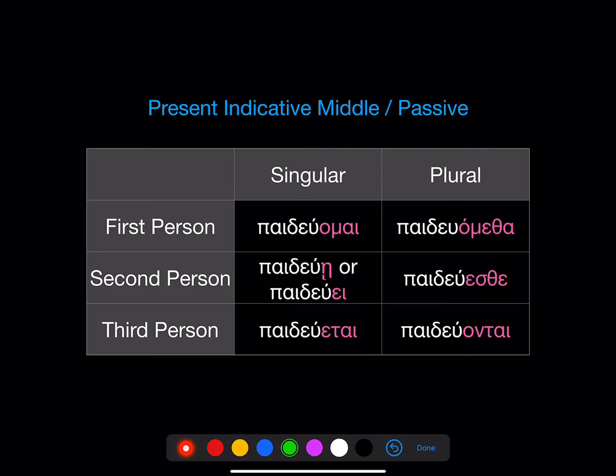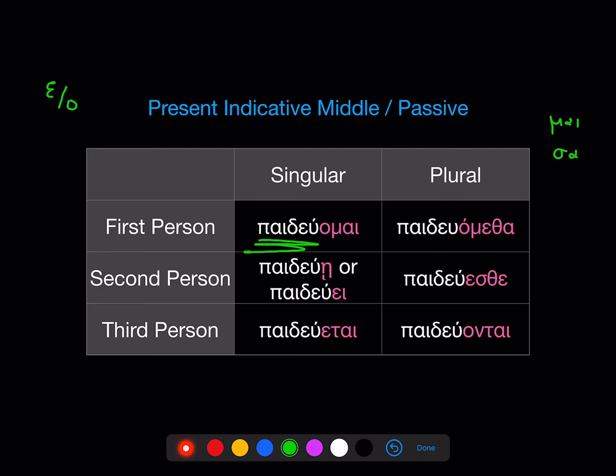So here is the present indicative middle passive, right? And if you think about the present indicative middle passive, its endings, it's still built on that stem from the first principal part, but now we have the theme vowel, epsilon or omicron, plus the primary middle passive personal endings, right?